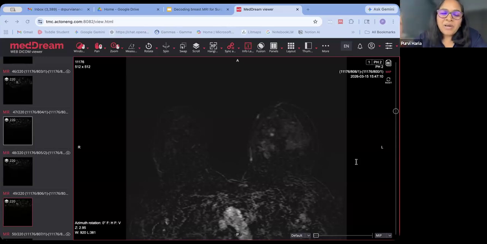But you need a subtracted dynamic phase for you and for us to see the images or map the disease. Without subtracted images, there are so many lesions which are T1 hyperintense, and these dynamic contrast images are T1 sequences.